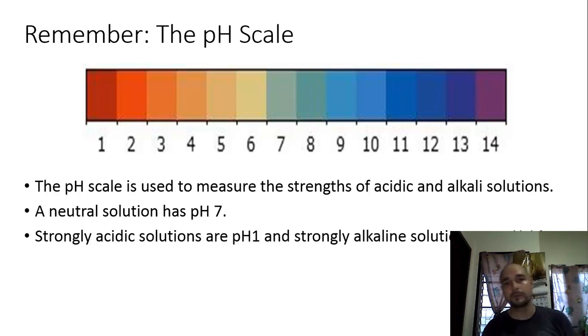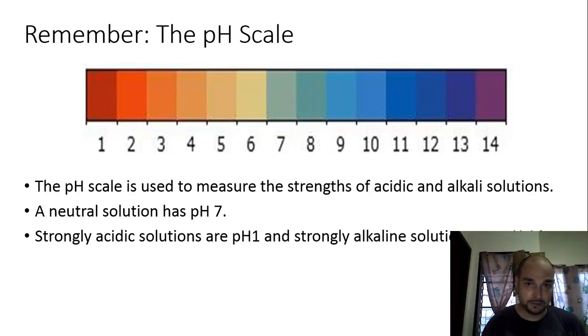Now I need you to remember the pH scale. If we're going to talk about neutralization reactions and acids and alkalis, you need to remember that on the pH scale, 1 to 6.9 is an acid, and 7.1 going all the way up to 14 is an alkali, also called a base. Now these are liquids, so they're solutions, and when they are mixed together, you can get a pH number, which will tell you the acidity.